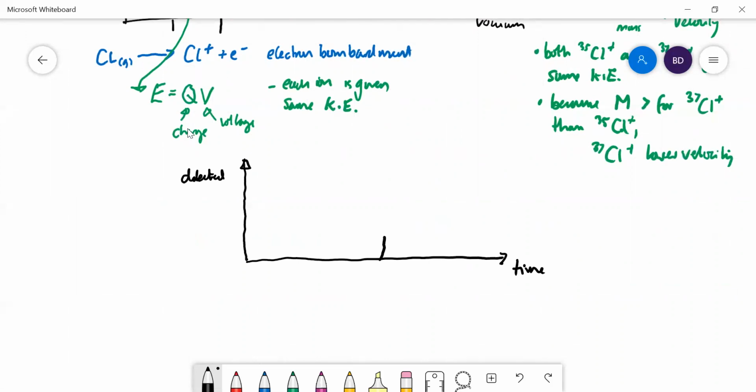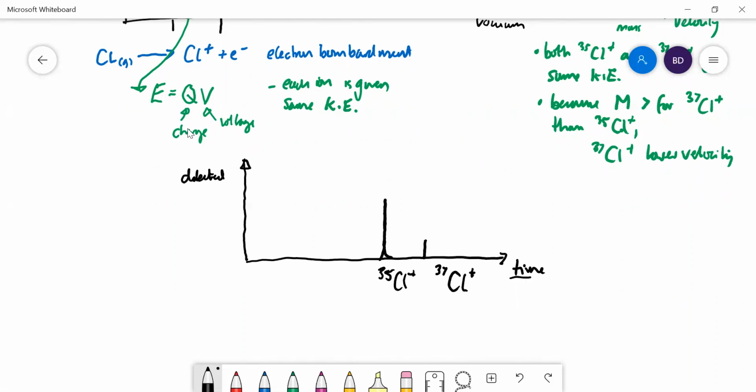You're going to get one there. That's all the 35s arriving, yeah? And a tiny bit later, you're going to get this one here. That's all the 37s arriving. They're a little bit later. Okay, so you're going to get two peaks.